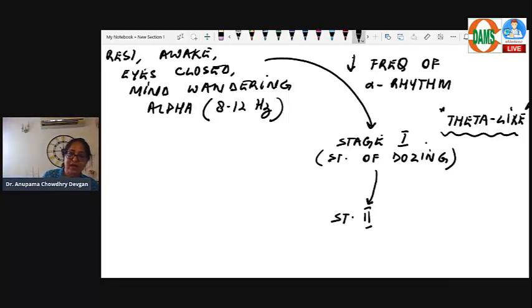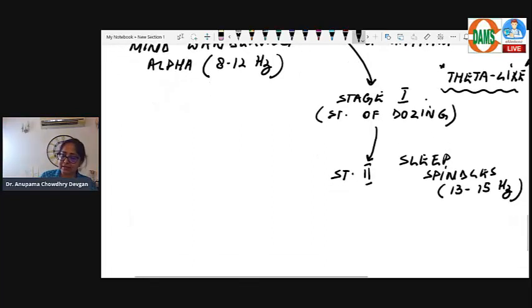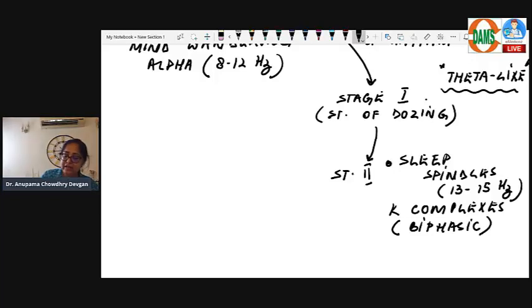And stage 2 of NREM is characterized by sleep spindles, which are 13 to 15 hertz activity, and K complexes.